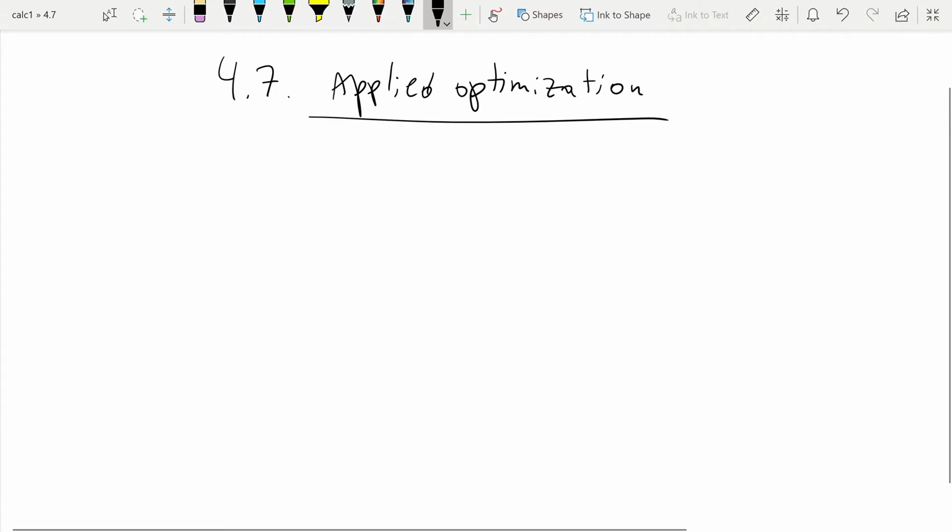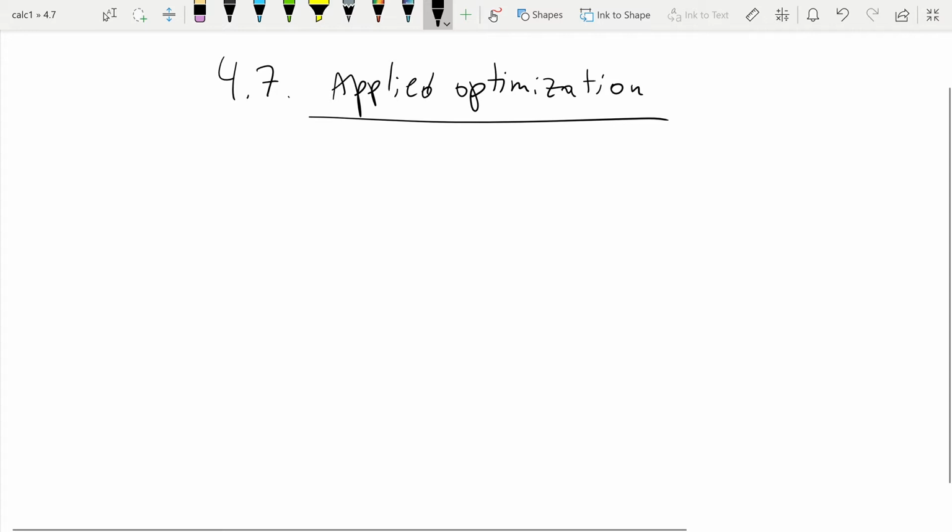This section is not really about new material or new concepts, just like the one before, 4.6. But it's just an application, as the name of the section suggests, of calculus techniques and tools that we've developed throughout the whole semester.